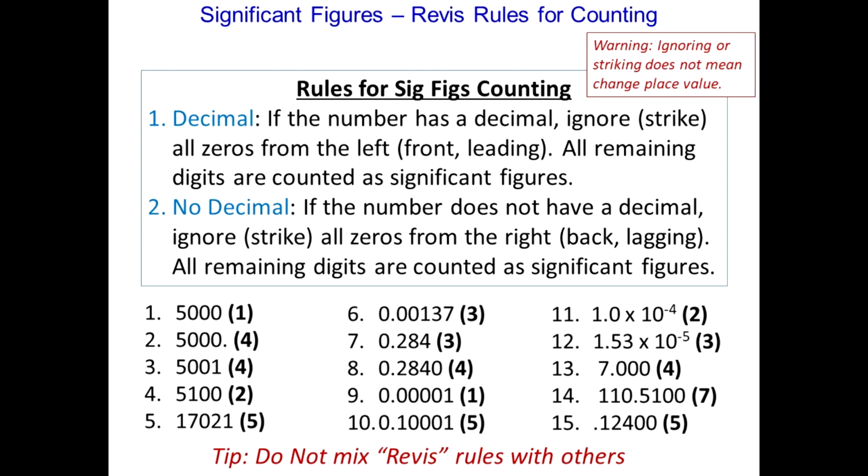Now ready for big rule number 2. So rule number 1 is you must count sig figs. Rule number 2 for doing scientific notation: there is only one digit to the left of the decimal. It must always be one digit to the left of the decimal. Regardless of what it starts with, when you write scientific notation, there can only be one digit to the left of the decimal.